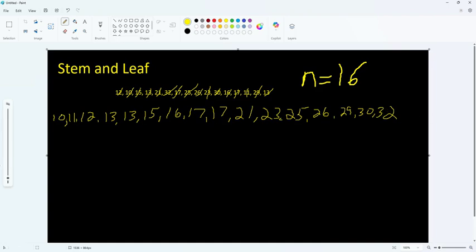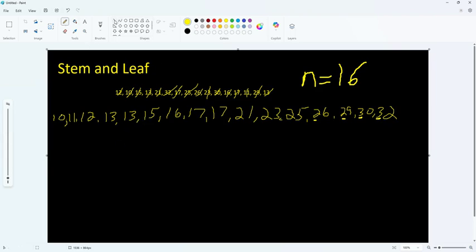All right, so for a stem and leaf plot, it's pretty straightforward as long as you understand it. First, you have to determine what the stem for your data is, and then what the leaf for your data is. With numbers like this, it's pretty obvious that it goes from 10 to 32. So each spot of our tens is going to be a stem. So we're going to have 1, 2, and 3 as our stem.